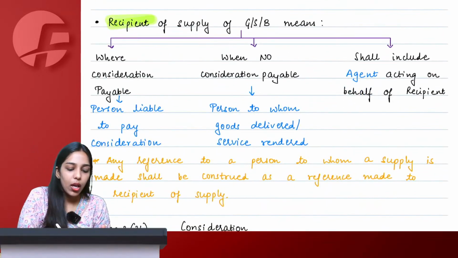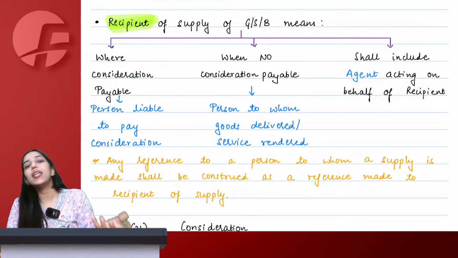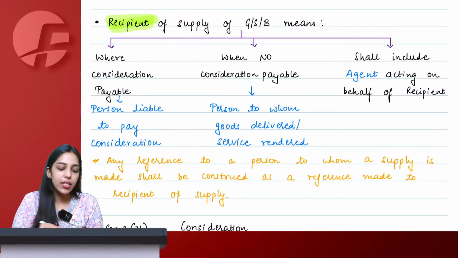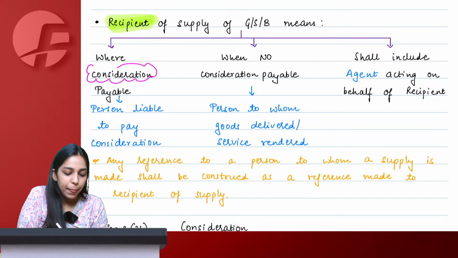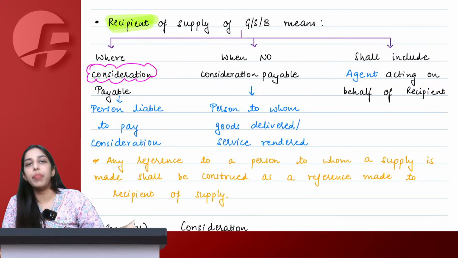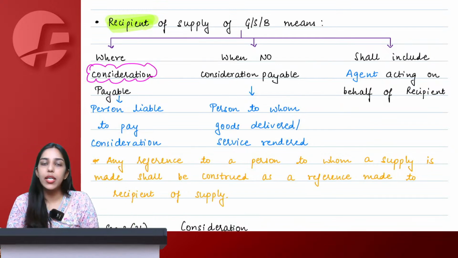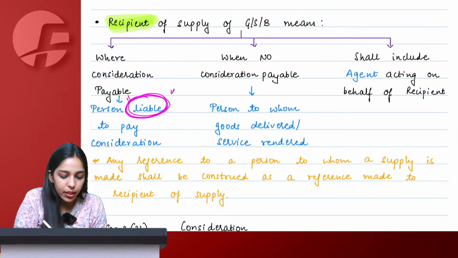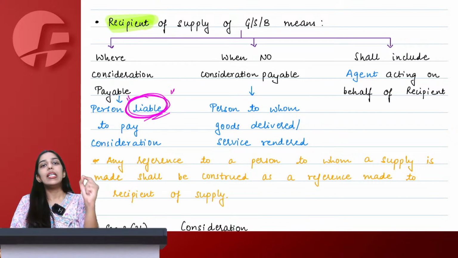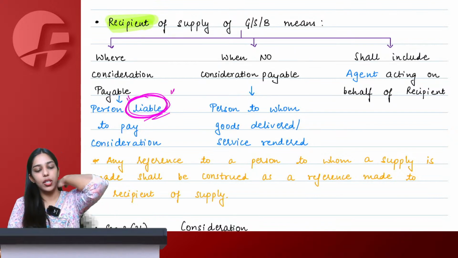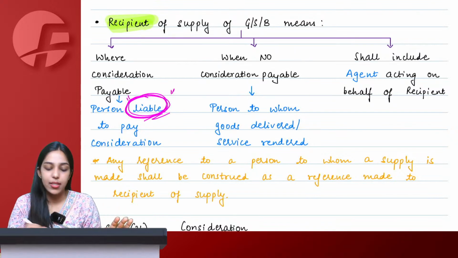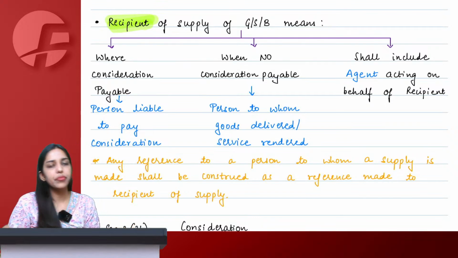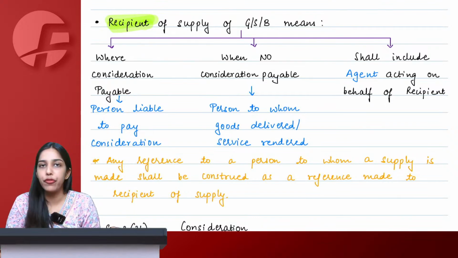Okay. Recipient. Who will be a recipient? See, if there is any consideration payable against the goods or services that I have received, then the person liable to pay the consideration is considered as recipient. But let's say, like some YouTube revision videos which I am providing, I am supplying services, I am not charging anything from you.